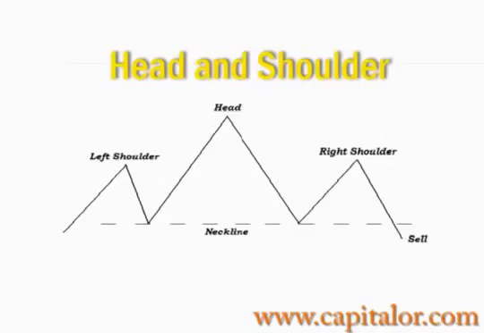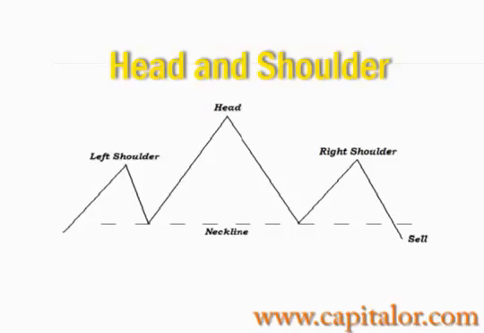Head and shoulders. This pattern usually encompasses much price action over a long period of time, and it is composed of one highest high in the middle, and beside it to the left and right lower highs.